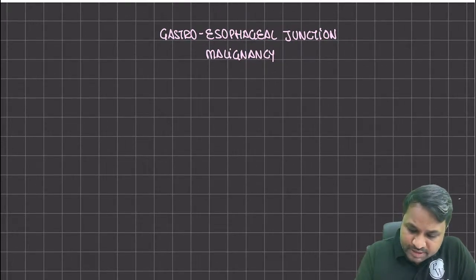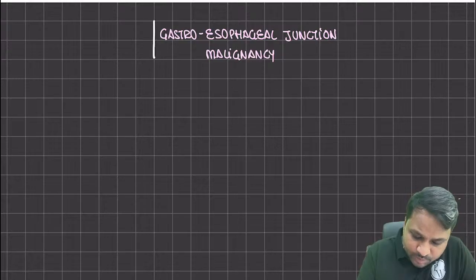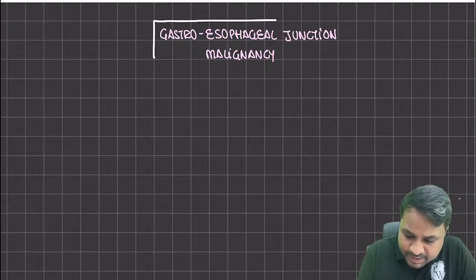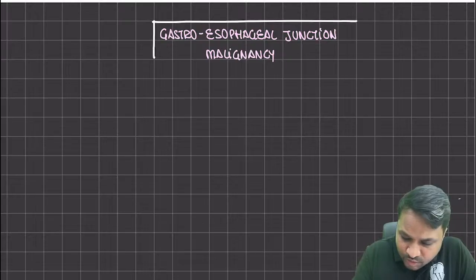The approach for G-junction malignancy is given with the help of a classification called the Sievert classification.